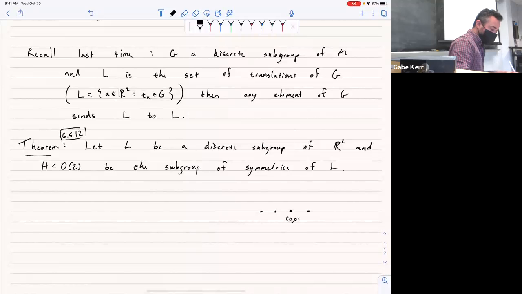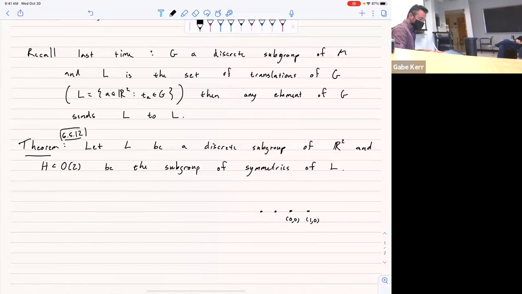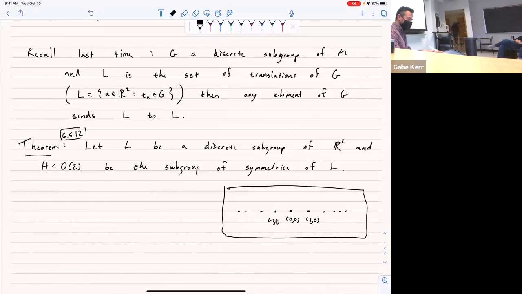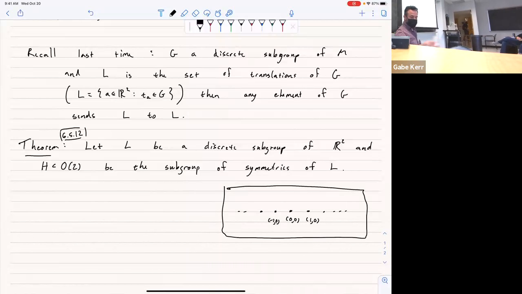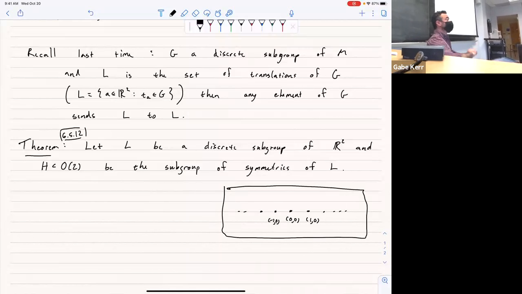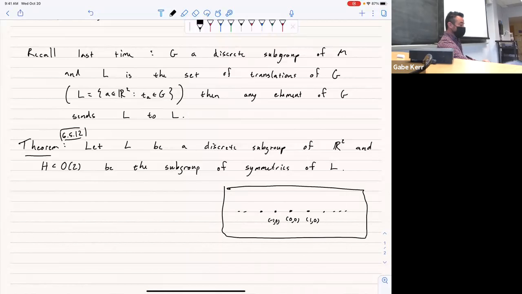Let's take the origin, 1, 0. This sits inside of the plane. So what is the symmetry of that? What's this discrete subgroup of symmetries?